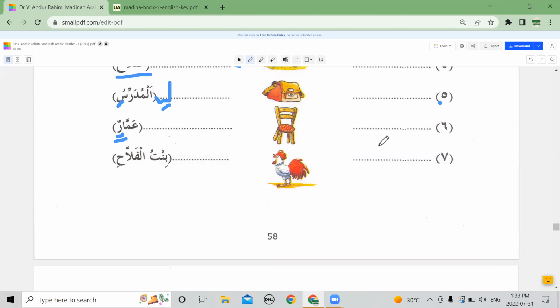What does that mean? This rooster belongs to the daughter of the farmer. Bint is daughter. Farmer's daughter. Okay, next.